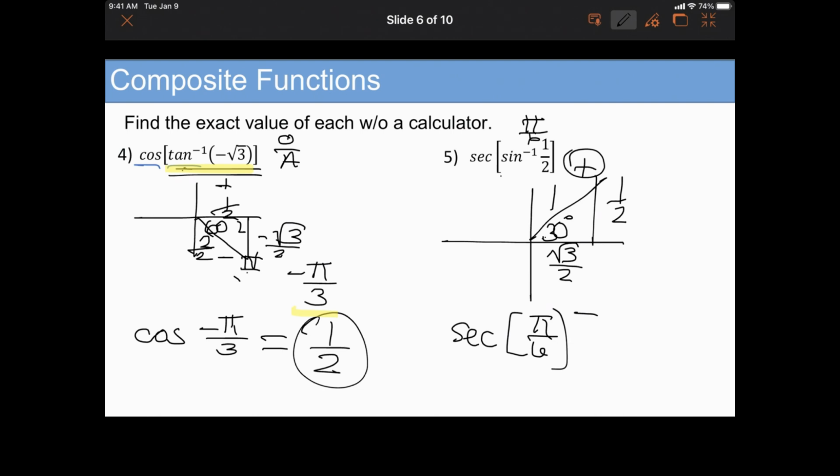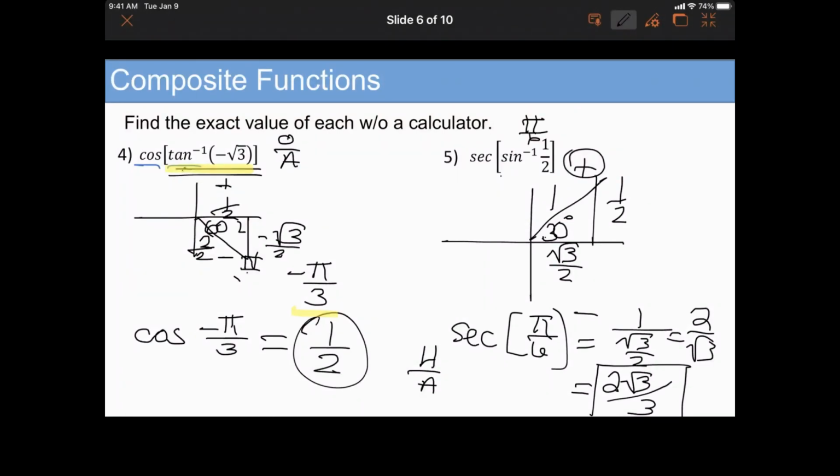Same quadrant, same triangle. So secant is hypotenuse over adjacent. So that's going to be 1 over root 3 over 2. And that's going to be 2 over root 3. And then that simplifies to 2 root 3 over 3. Yay! I love these. These are fun. So cool. It's like a little puzzle, and you have to figure out all the different parts.